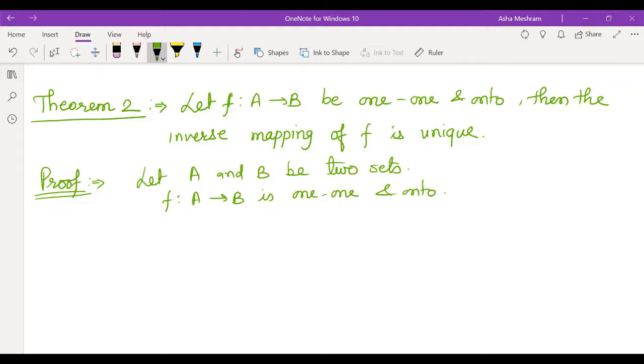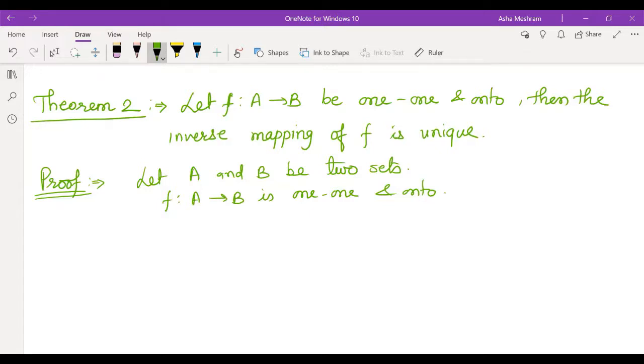Now obviously f is 1-1 and onto, therefore its inverse exists, and since its inverse exists, we have to show that it is unique. Only one inverse we can define for the particular mapping f when it is 1-1 and onto.